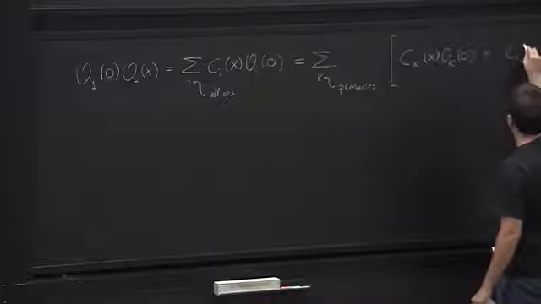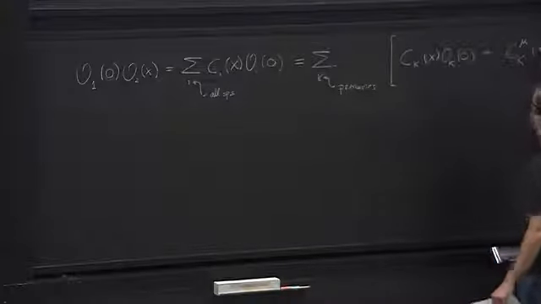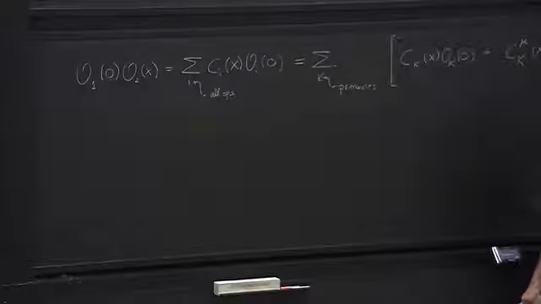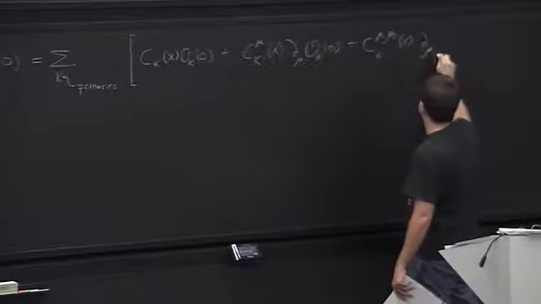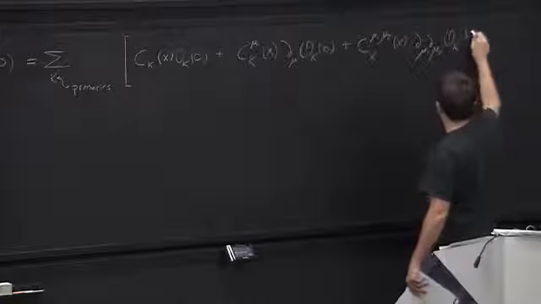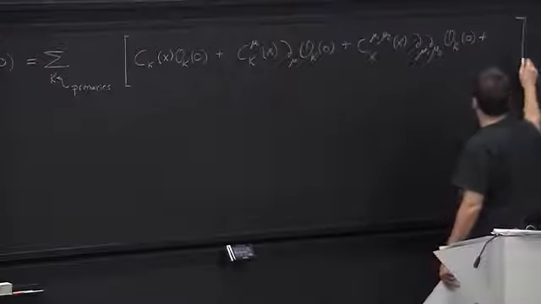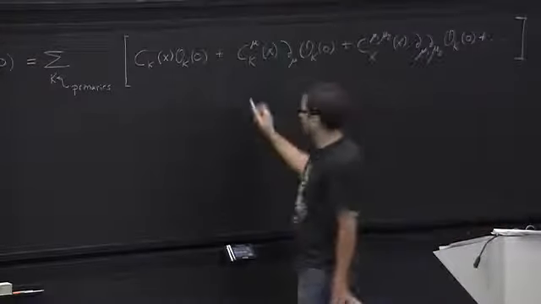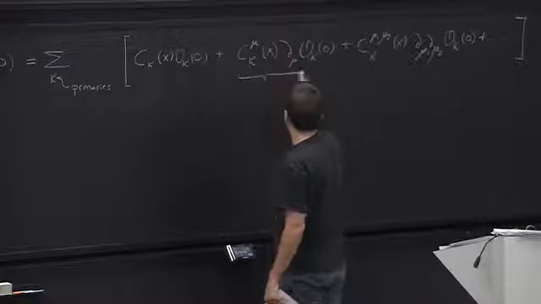A descendant is a derivative, C_k^mu of x, d_mu of O_k at 0, plus two derivatives, C_k^{mu1 mu2} of x, d_mu1 d_mu2 O_k at 0, plus etc. Okay. So this stuff here is the contribution from the descendants.